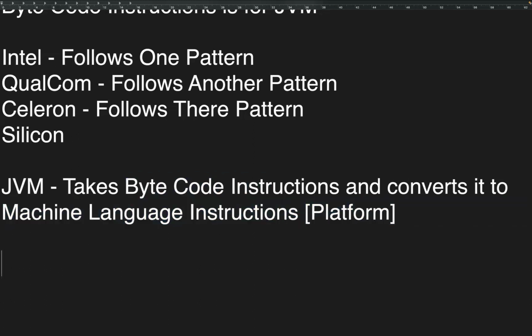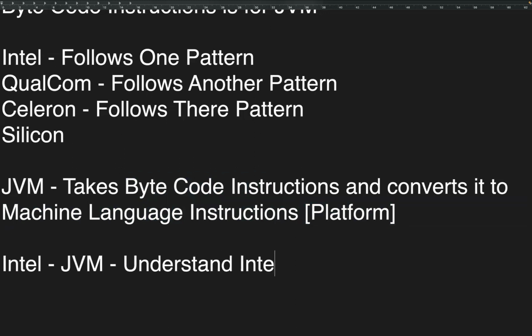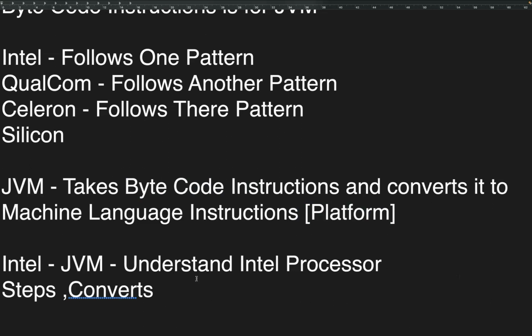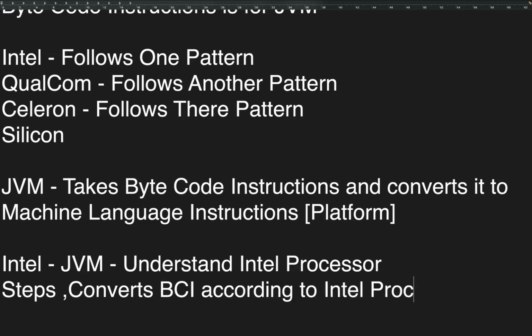Suppose now you're running on Intel. What happens? The JVM understands the Intel processor steps or process, and converts bytecode instructions according to the Intel processor.